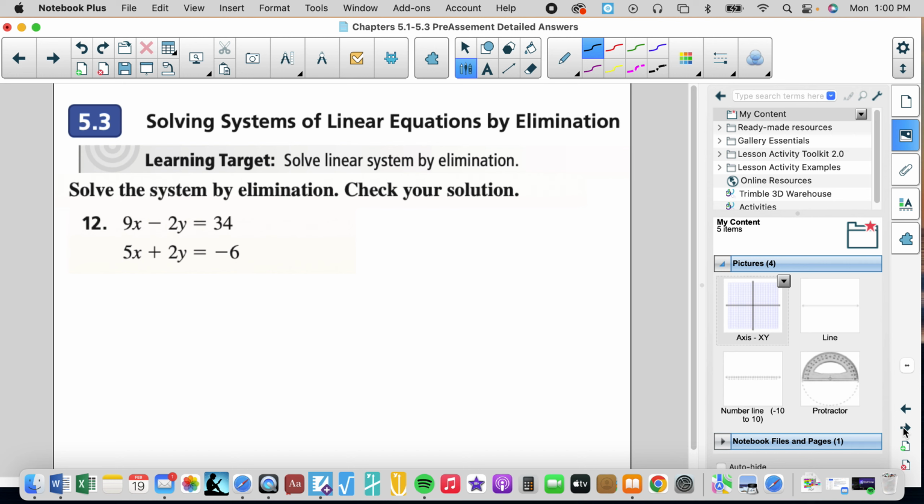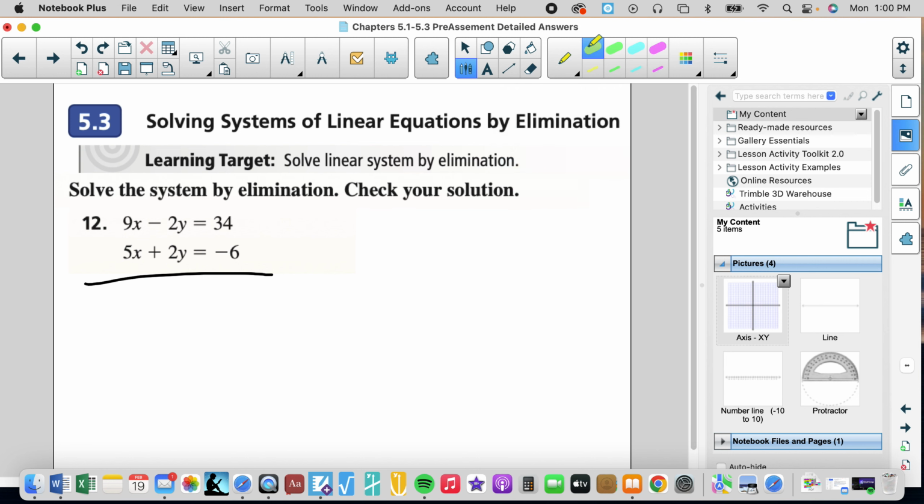Boom. All right, 5-3. Now we're going to use elimination. So elimination still is very much like substitution. With substitution, we wanted to eliminate one of the variables, because having 2 variables, we're never going to be able to know what the solution is. So if we add them together, first of all, they have to be in the same format.